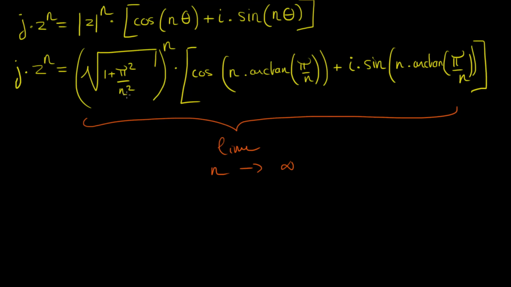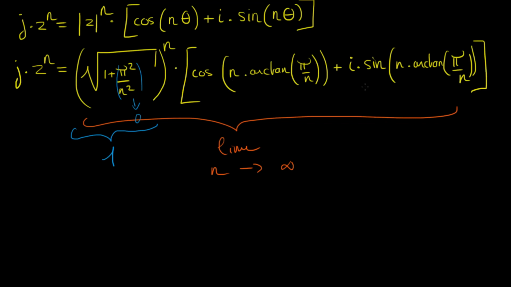So if n goes to infinity, this term will go to 0. So this will go towards 1. So square root of 1 is equal to 1, no matter what n is. So this whole thing is going to be equal to 1 as n goes to infinity.